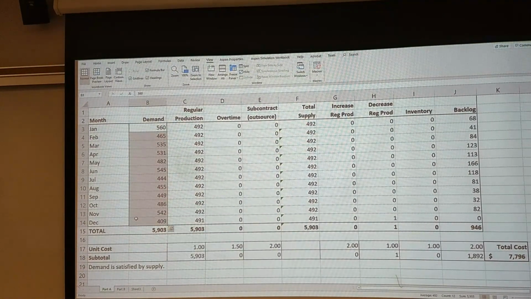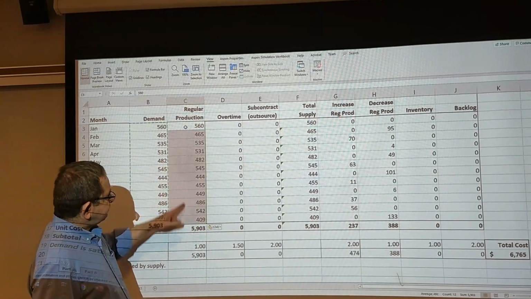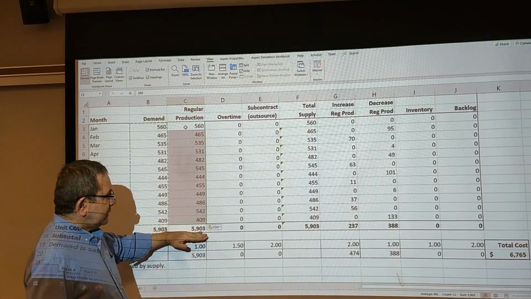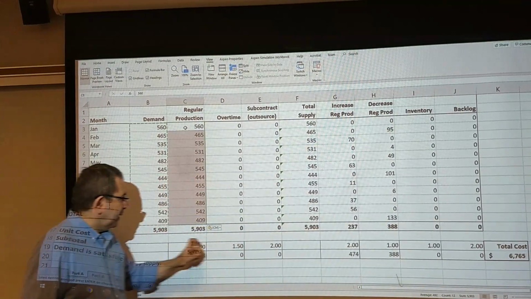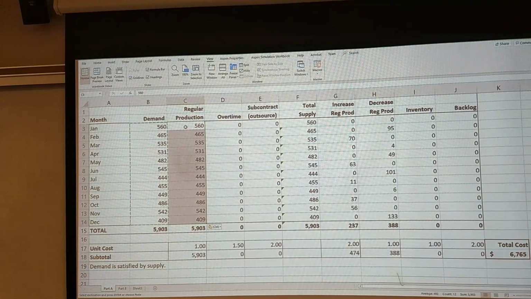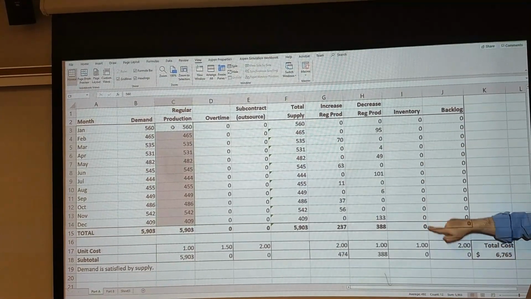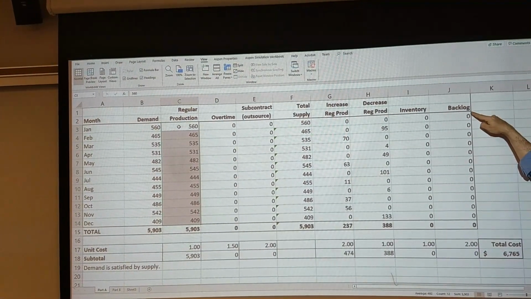So for the chase strategy, I'm going to copy monthly demand over here. And here I have total supply, which equals total demand, so I'm good there. Do I have any inventories? No inventories, 0 inventory cost.